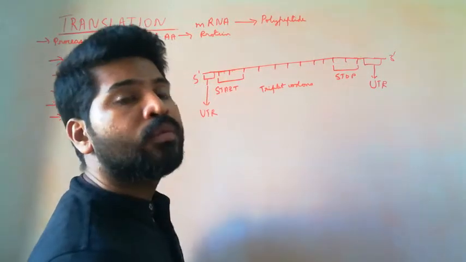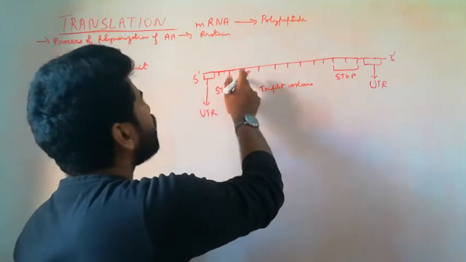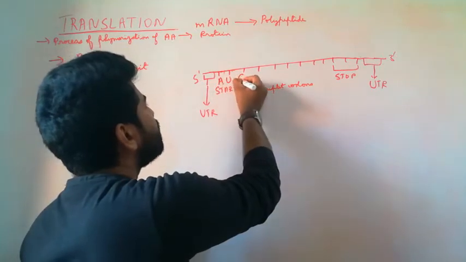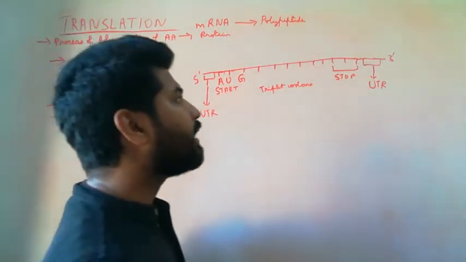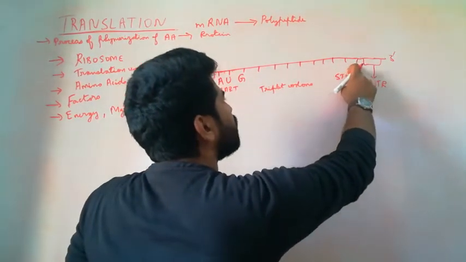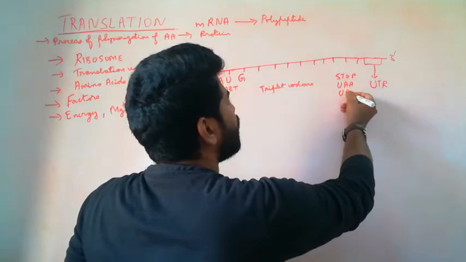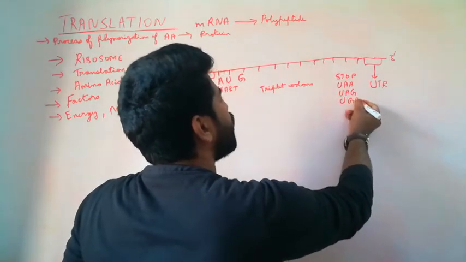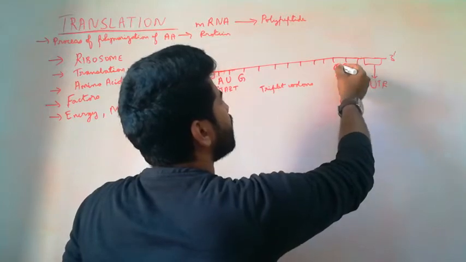As you know, in most of the organisms, the start codon is AUG, which codes for methionine, and the stop codon could be either UAA, UAG, or UGA. Let us assume this is UGA.